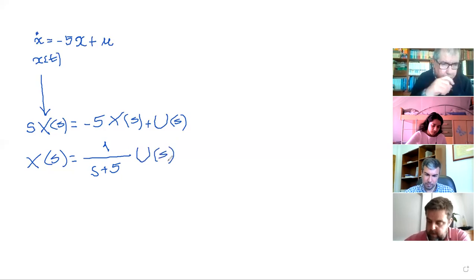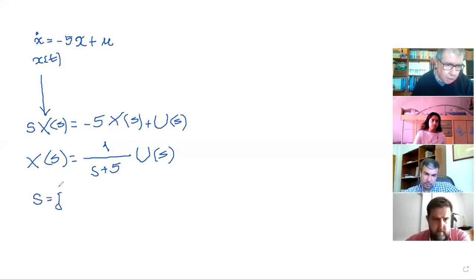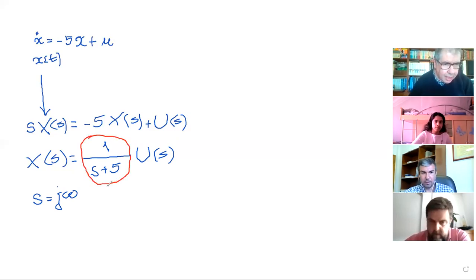And then I told you that there was an interpretation in terms of making s equal to j omega, because this function here is a kind of gain that depends on the frequency.